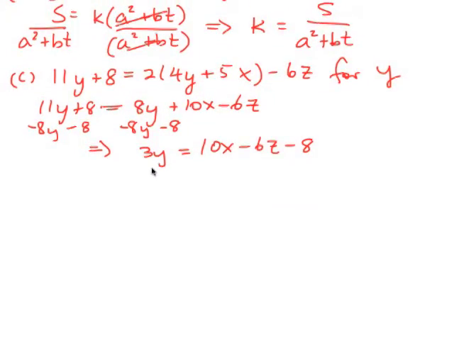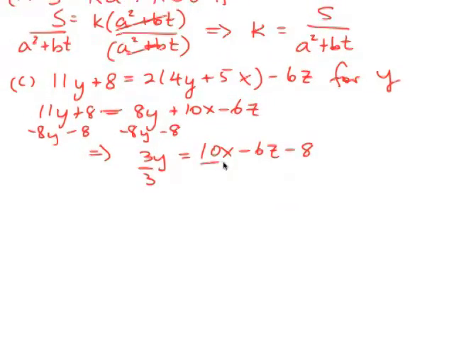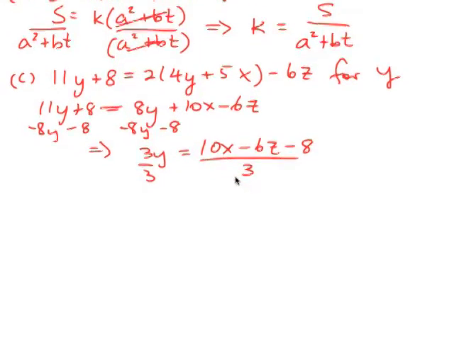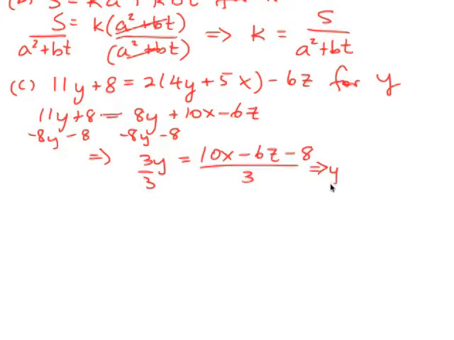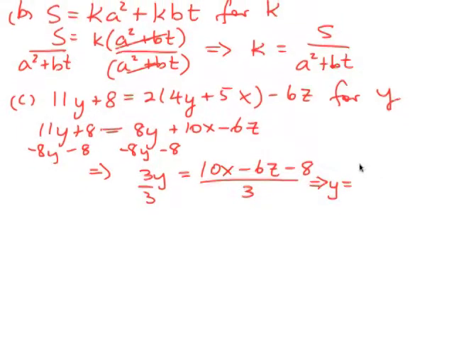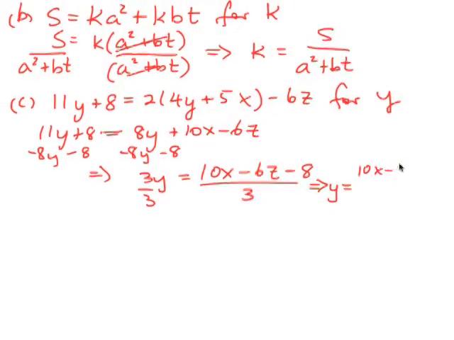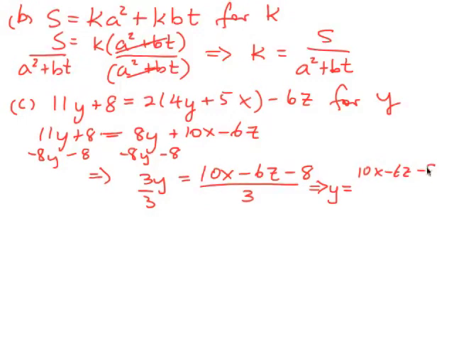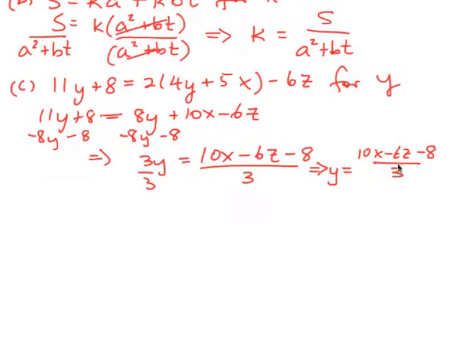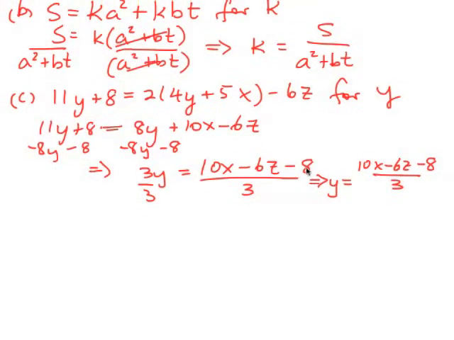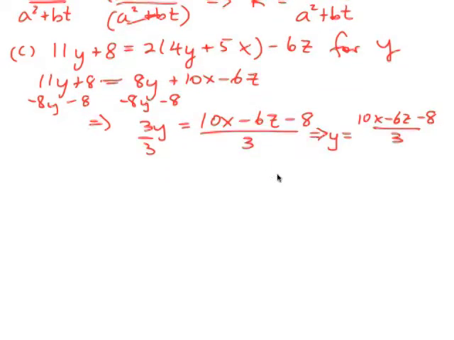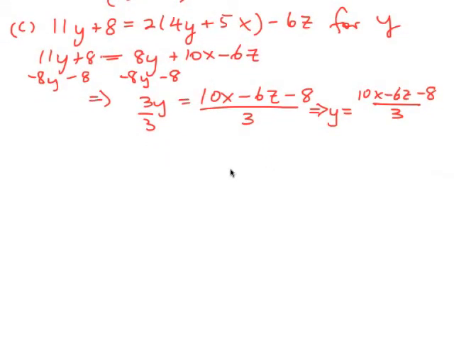Now we can divide everything through by 3, and make sure you divide everything by 3, which implies that y is equal to 10x minus 6z subtract 8, all over 3. And that's how we do that kind of problem.